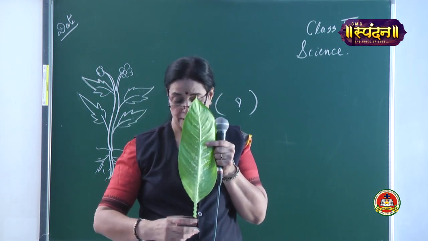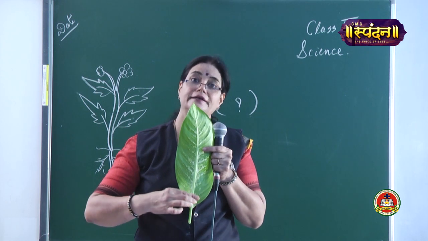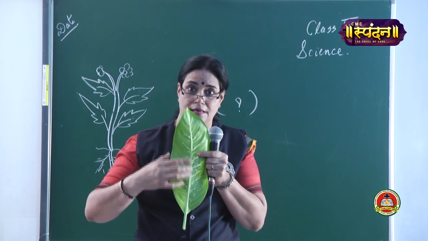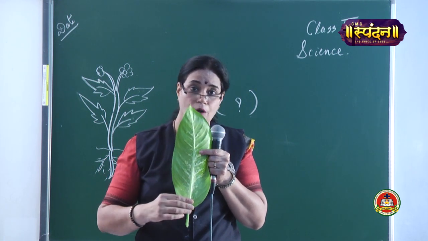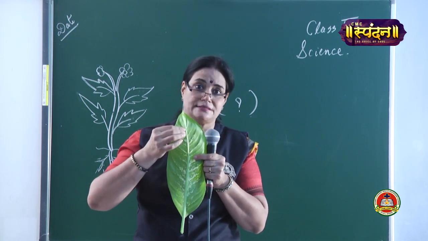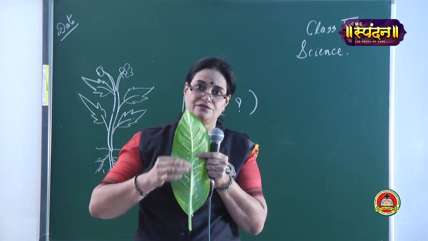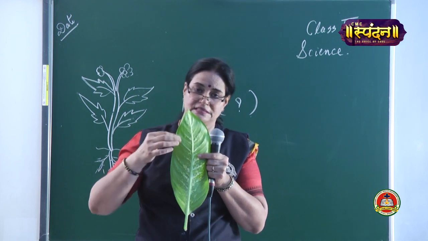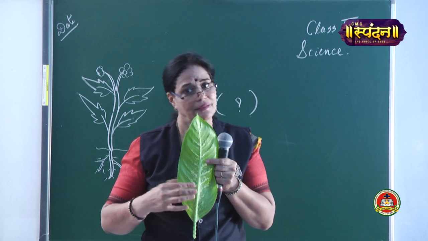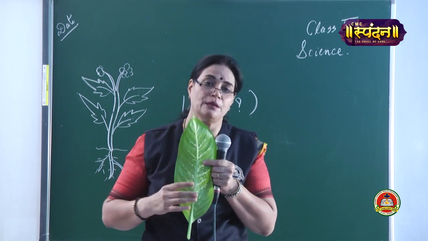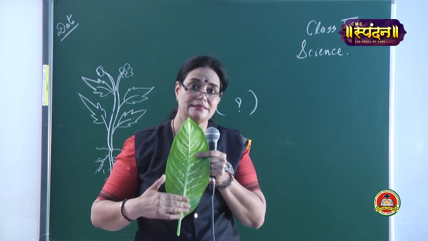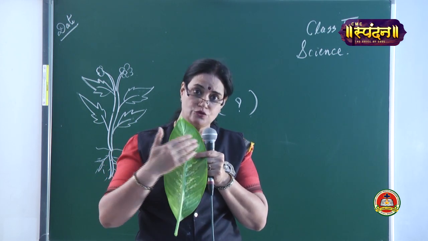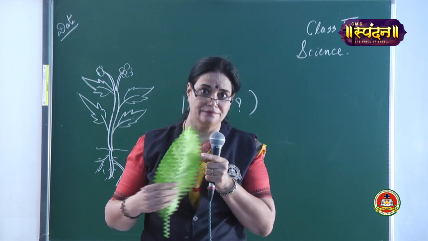Because the leaf has taken that colored water from the glass and it is given to all parts of the leaf. And how does it go? Through these veins. So these veins will become colored. Suppose if you use pink color, then these veins will be pink next day morning. Understood? This shows that these veins are carrying water and all other things to the different parts of the leaves. Okay?